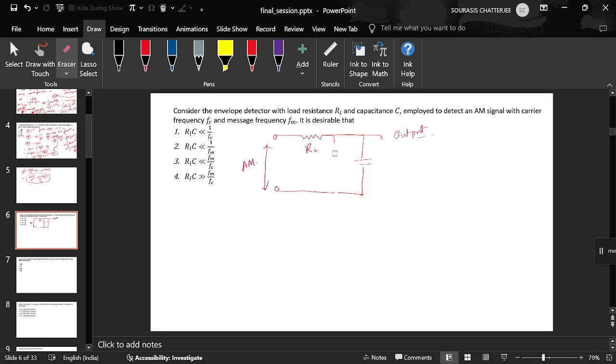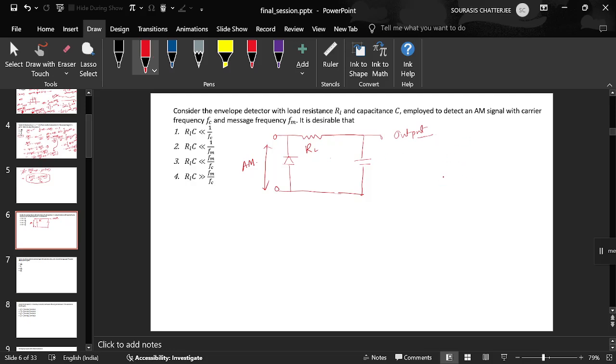The envelope detector diode should be on this side. So this is your envelope detector. This is at the output. You are supposed to detect the message signal.